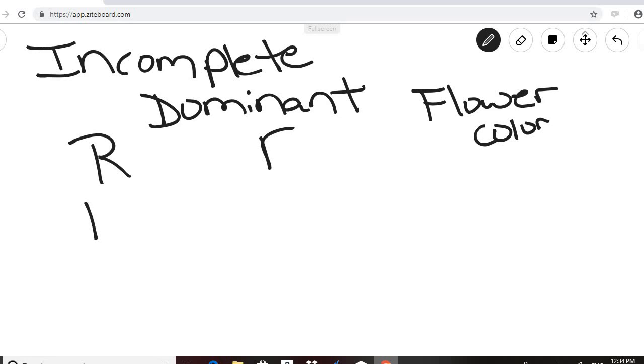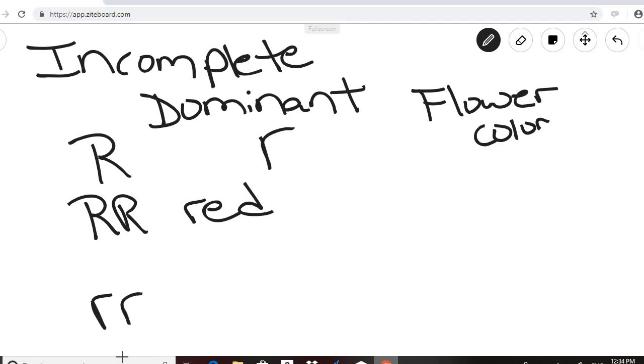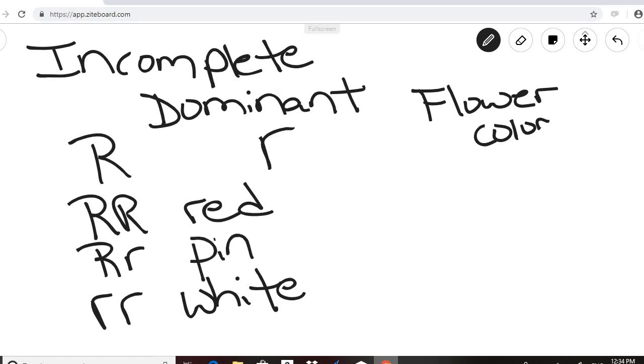If you have this genotype, you would be red. If you have this genotype, you would be white. But since it's incomplete dominance, if the plant is heterozygous, this would be pink. So it's something that is somewhere in between.